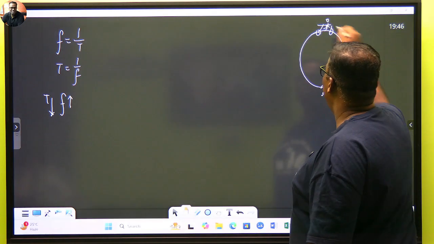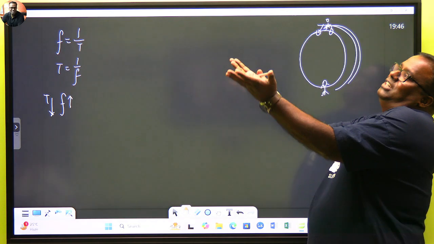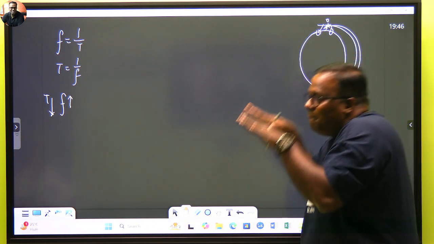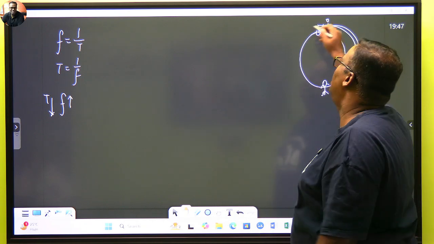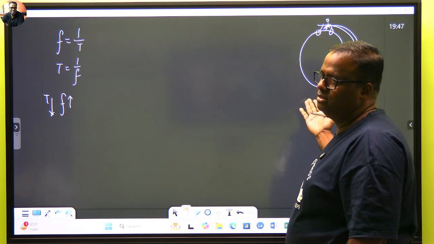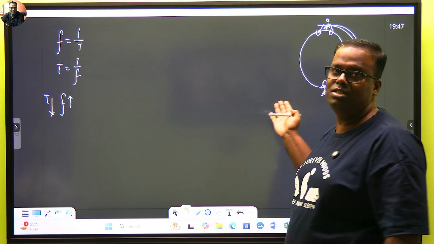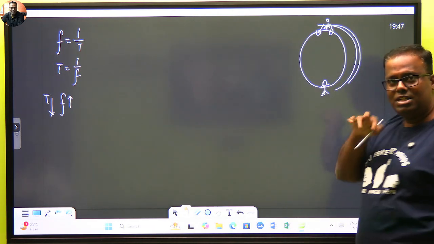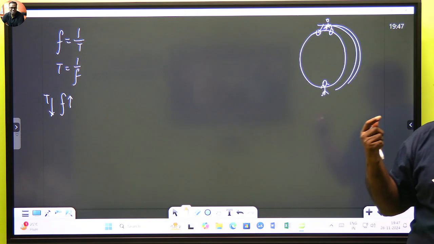So the number of times he will appear in front of the girl automatically increases. Frequency of seeing the girl increases if the time period is less. If you have more time period, you ride leisurely, you see her less. Next time you come, her mother will be standing in front. You're doomed. Did you understand the case? If the time period is less, the frequency is more.